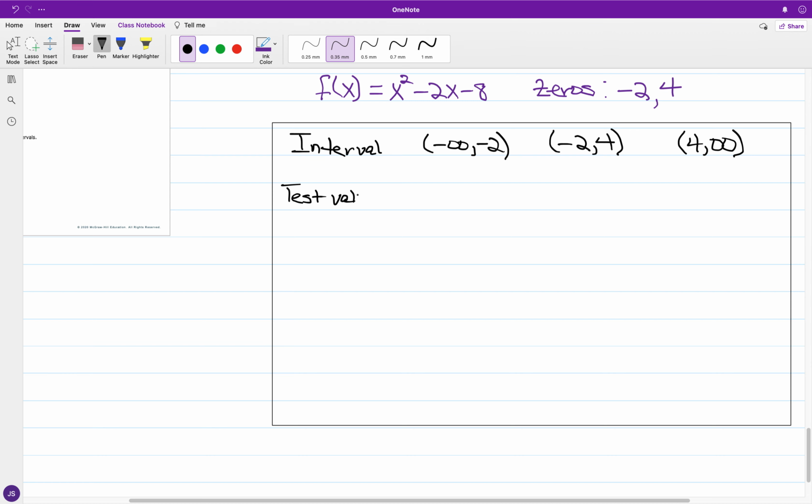Again, we're testing out the inputs as we apply the polynomial function f of x is equal to x squared minus 2x minus 8.